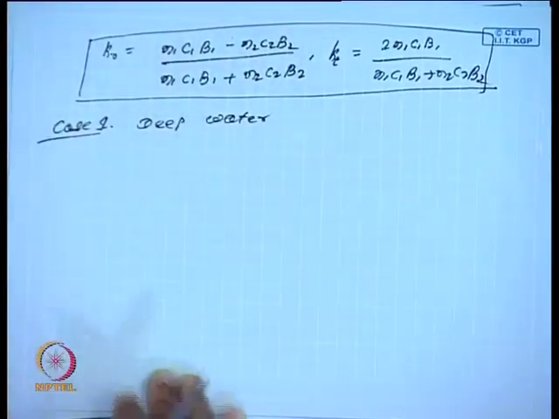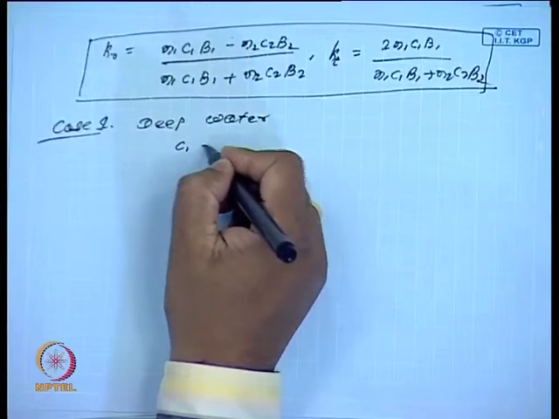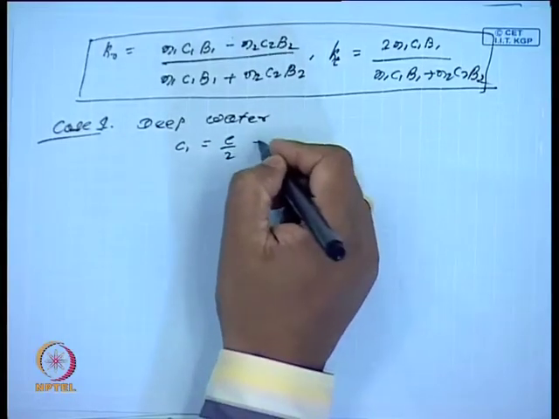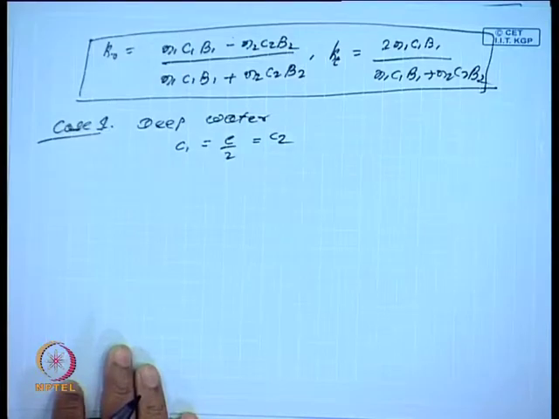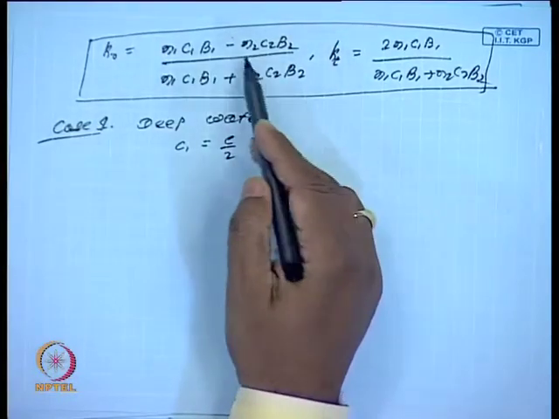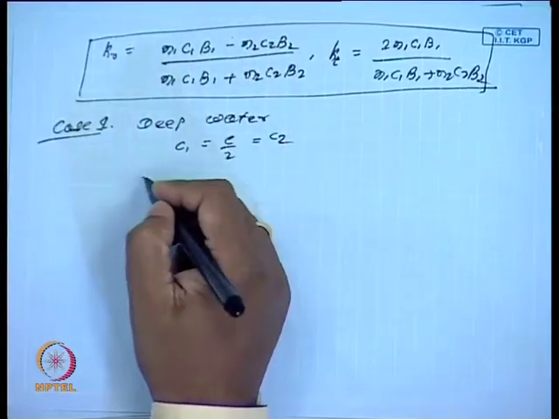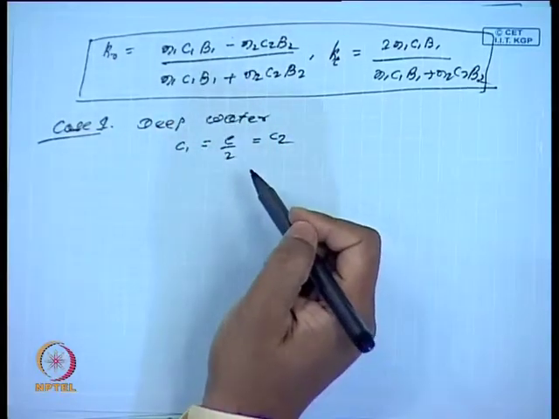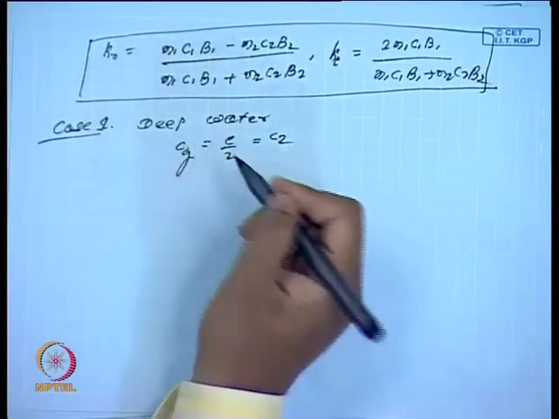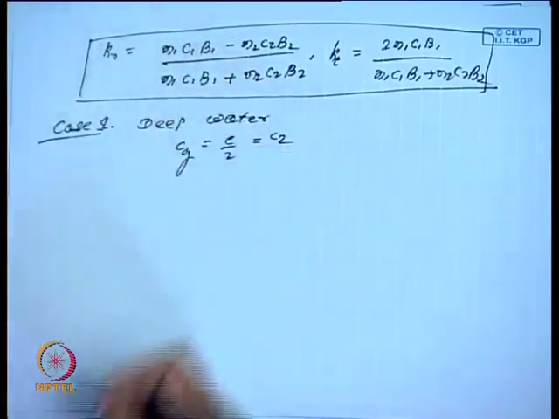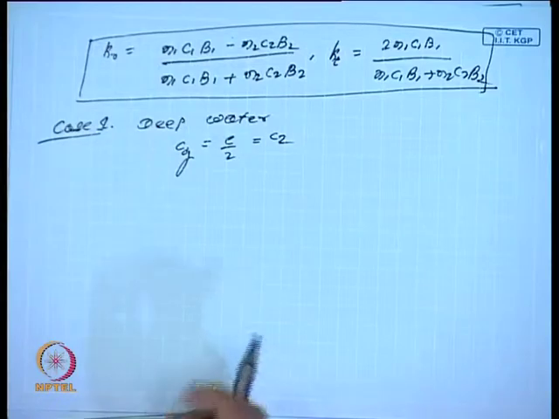If it is a deep water case, then we have C1 is C by 2 and C2 is the same. In that case, Cg is C by 2, and n1 C1 is the same as n2 C2.